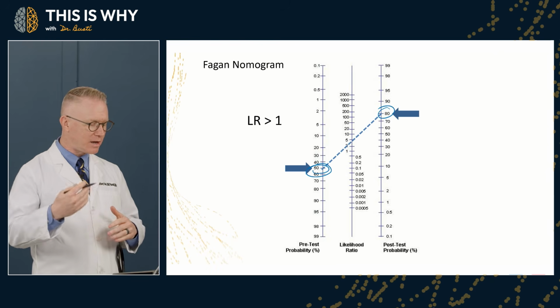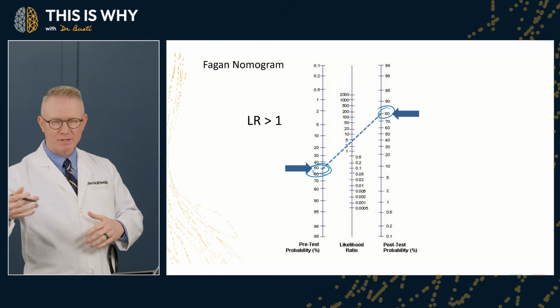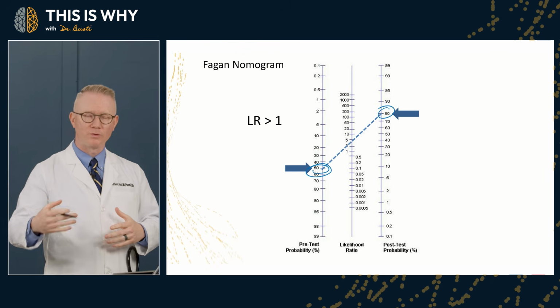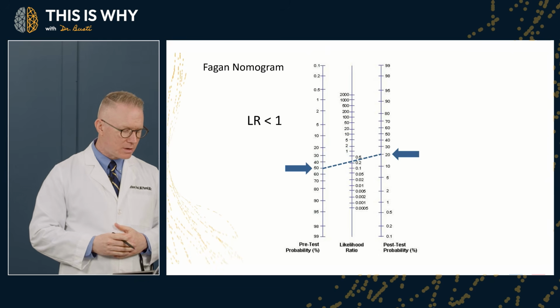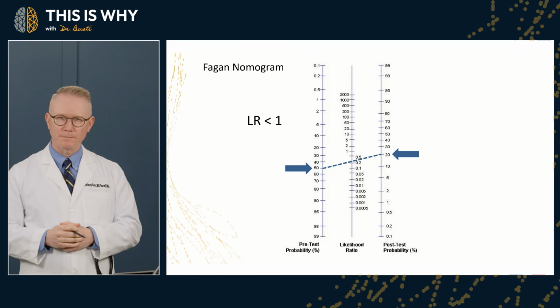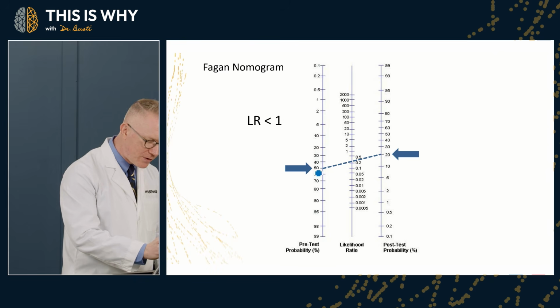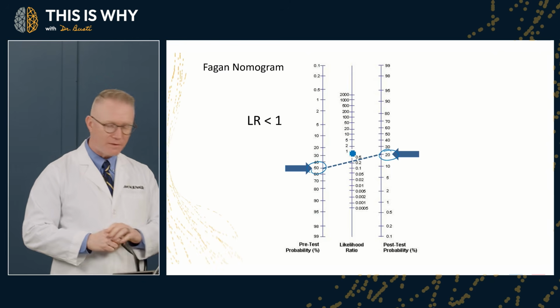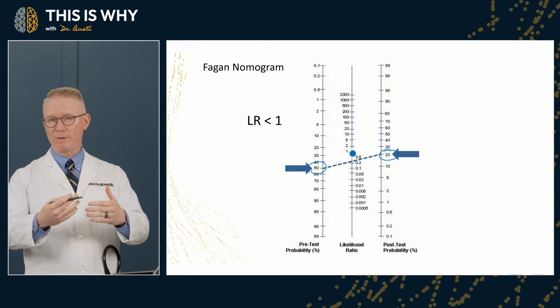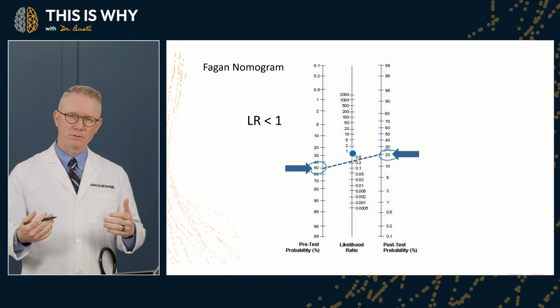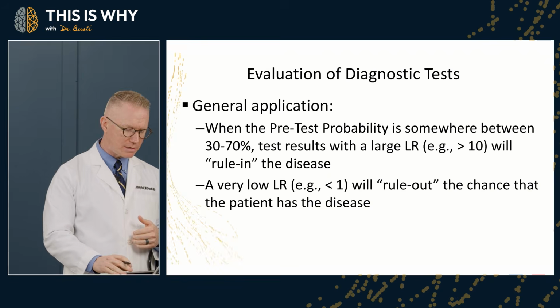So if that test comes back with a specific result, that is helping me to make that diagnosis. What about if it's less than 1? I started out at 50%. I'm less than 1, and you can see that no matter where I go, I'm going to be less than 50. So I'm not improving it, I'm removing it. So remember, this may help us rule out a disease.